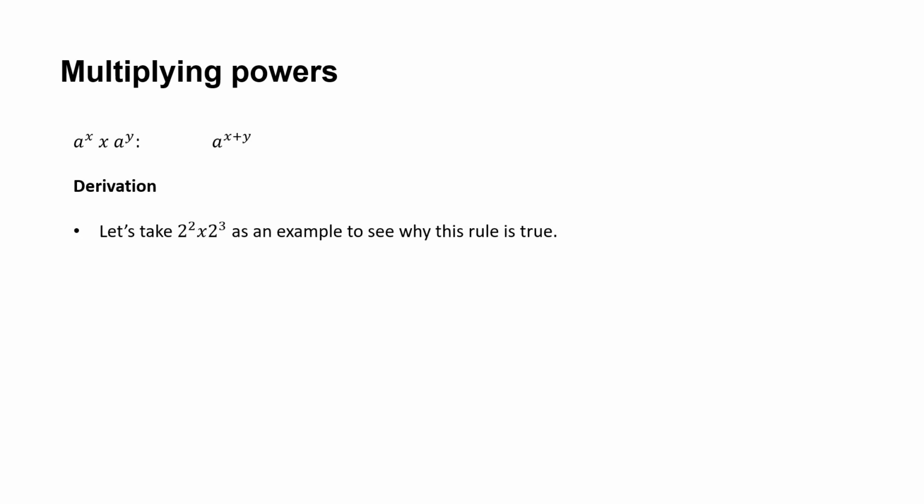So now we're going to look at how we derive this rule. So let's take an example, and let's go with 2 squared multiplied by 2 cubed to see why this rule is true. So 2 squared, well, this is 2 times 2. We have 2 cubed, this is 2 times 2 times 2. So the answer to the question 2 squared times 2 cubed, well, we take this 2 times 2, and we're going to multiply it by this 2 times 2 times 2.